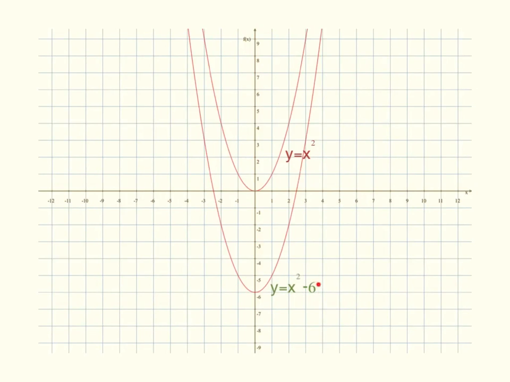So this constant determines if the graph moves up or down. But if we compare this to, for example, y equals (x minus 6) squared, we're going to see that this graph and y equals (x minus 6) all squared are drastically different.